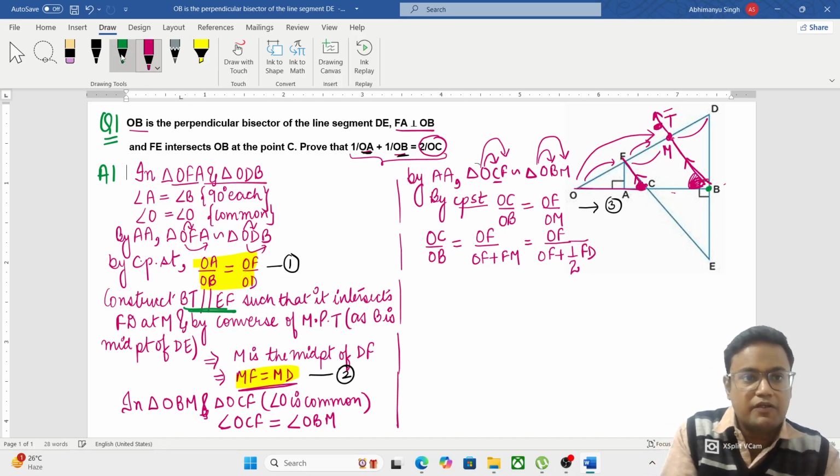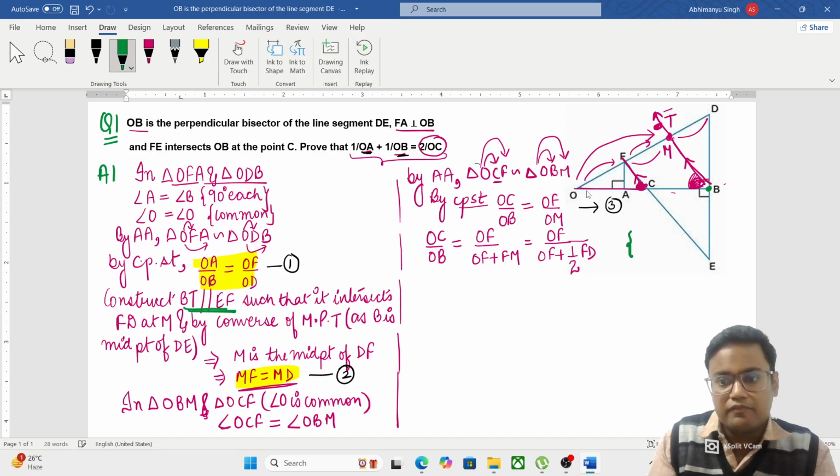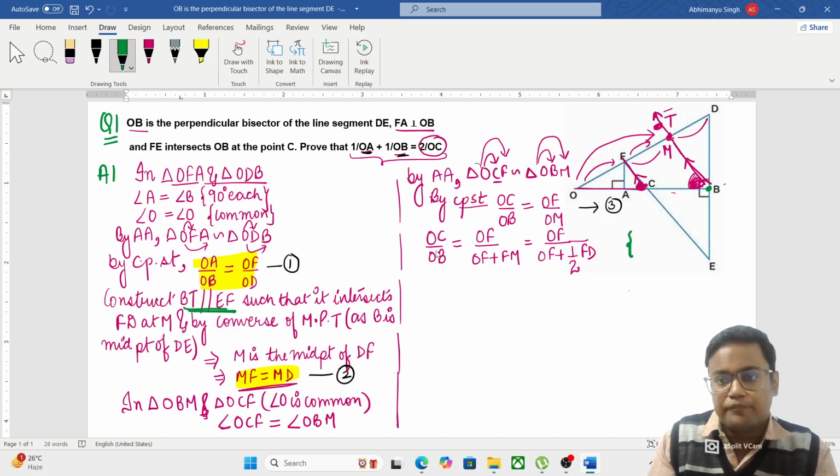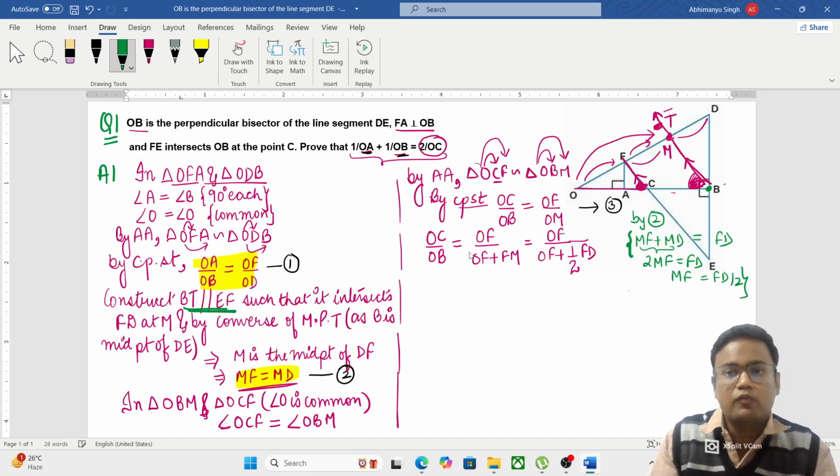If this is not clear, you can imagine me writing like this, because MF plus MD is equal to FD. Since both are equal, I can write twice of MF equals FD, and MF can be written as FD by 2, right? So we made use of expression number 2.